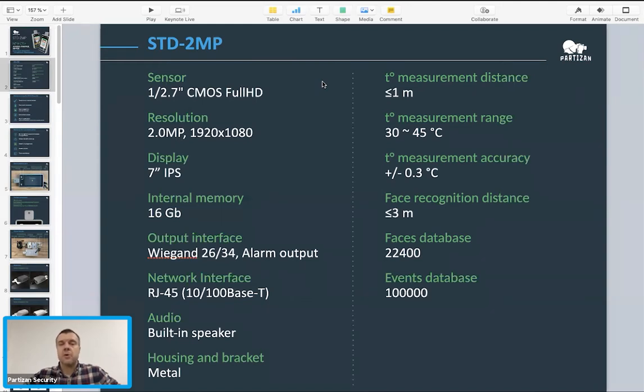Even if you measure yourself from 1 meter, it is still quite accurate, with a deviation of plus or minus 0.3 degrees. For face recognition distance, in a special settings mode, we can achieve even around 3 meters from the device, which is really good for a lot of different solutions.